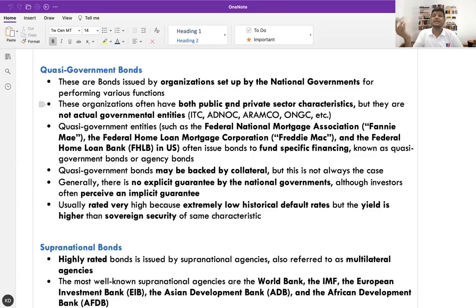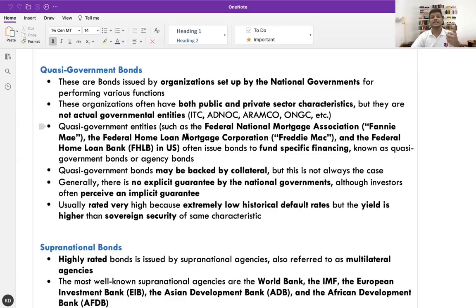The policy making is influenced by the government. In many cases, even the heads of the company are appointed or selected by the government, but they do work like a private sector. They have an organization structure more like a private sector. So it's a blend of both. Such institutes are called quasi-government entities.